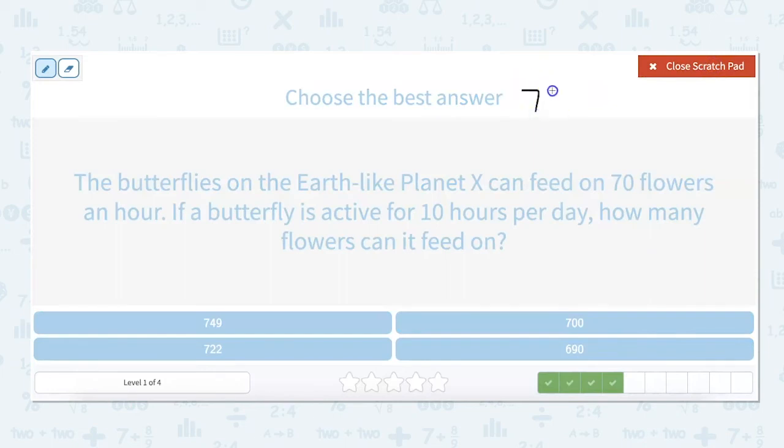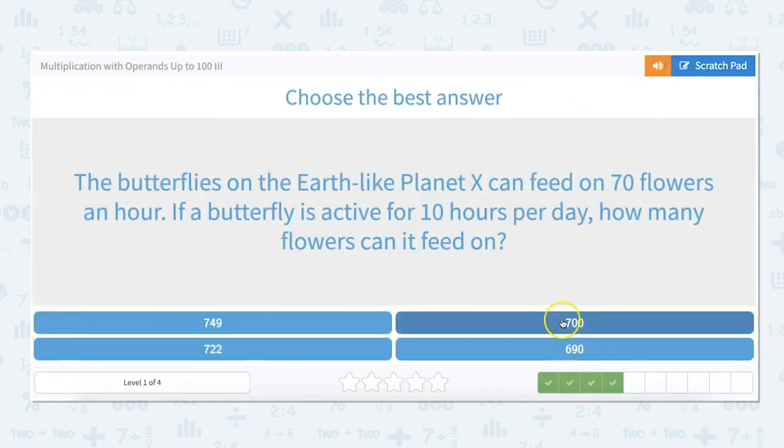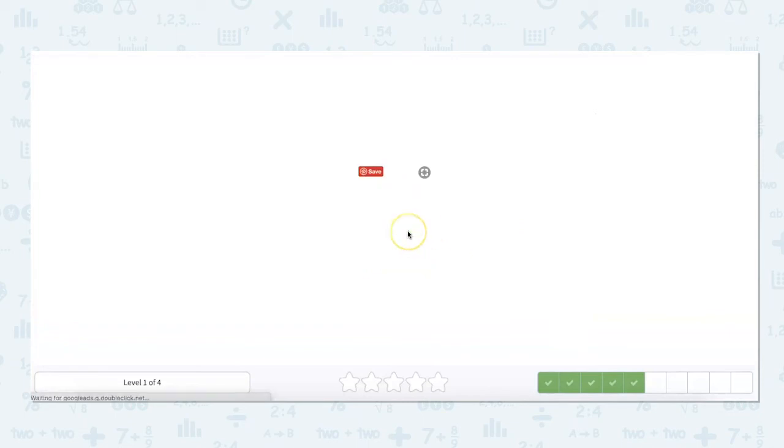So when you have 70 and you're multiplying by 10, anytime you're multiplying any number by 10, you just add a 0 to that number. So 70 times 10 is always, it's going to be 700, because when you're multiplying any number by 10, you add a 0 to it. So 700 is our answer.